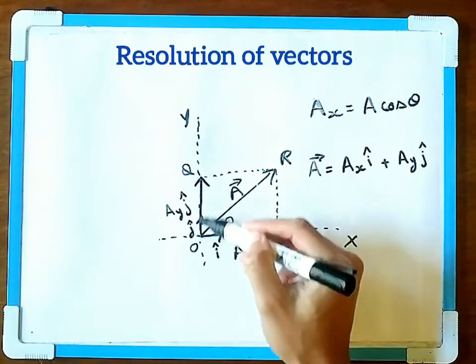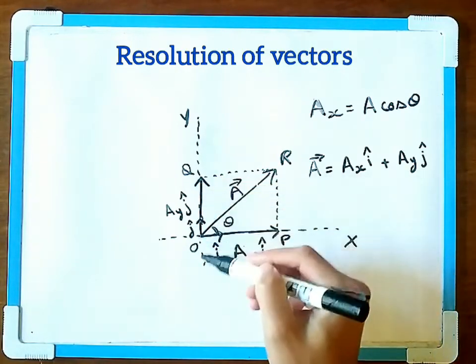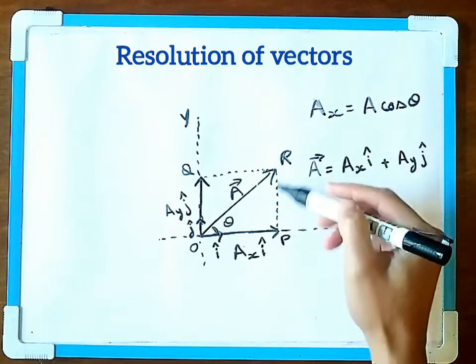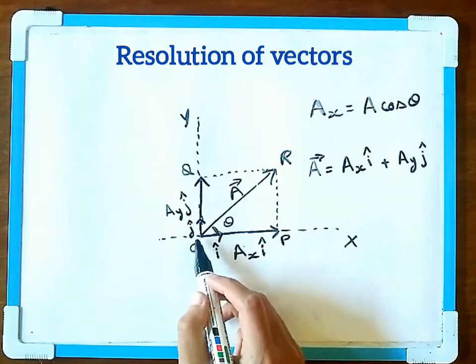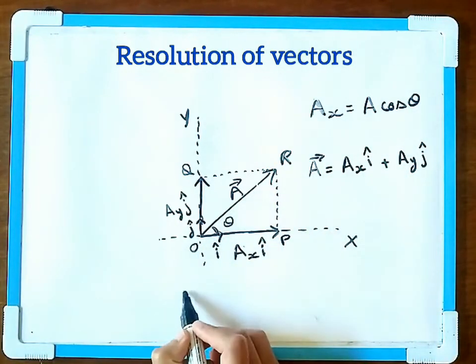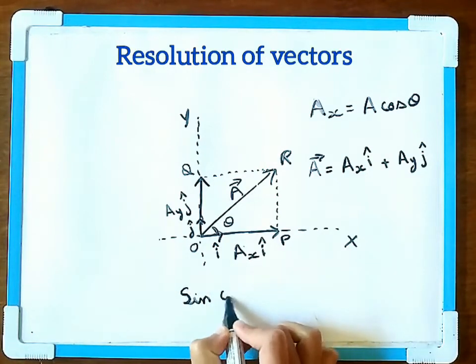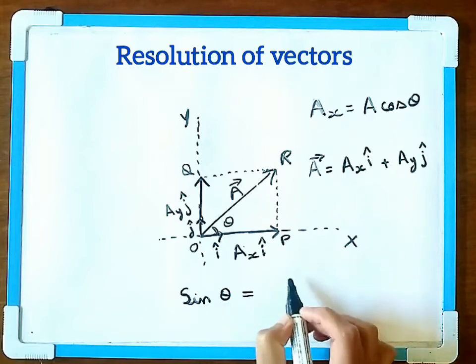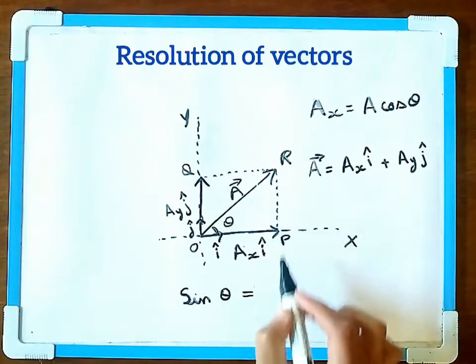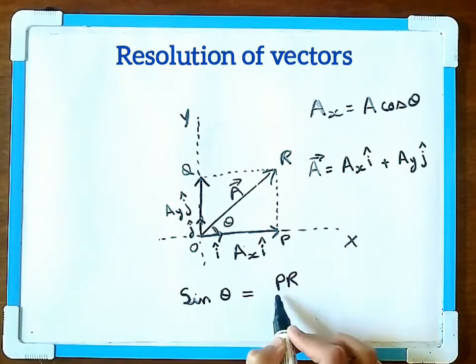Again, this ay is this OQ, which is same as this PR. So here from this triangle ORP, sine theta is equal to perpendicular PR by hypotenuse, again OR.